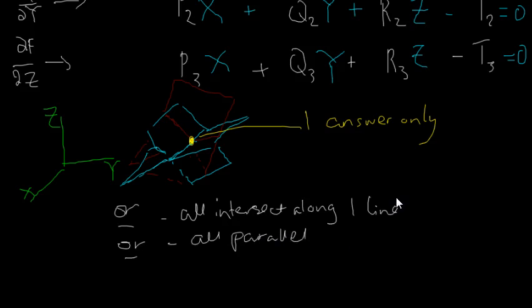So in either case, we either get lots of answers, okay, we either get many answers, or we get no answer. Now, what this means is that the function can't be minimized because there isn't a unique minimum.